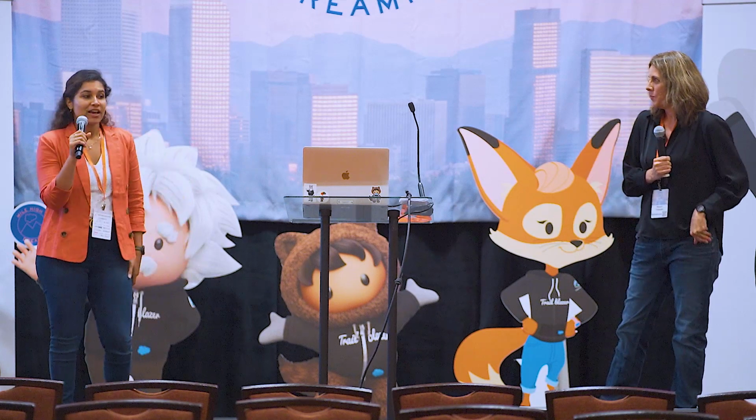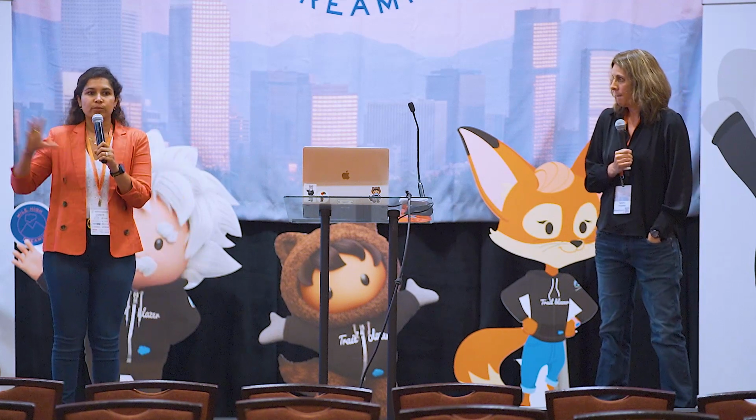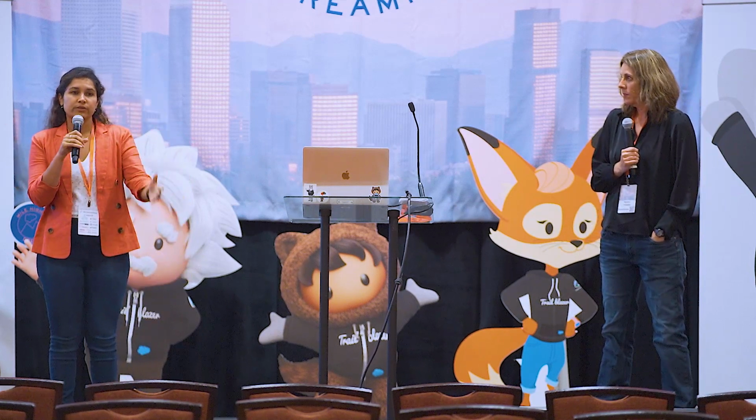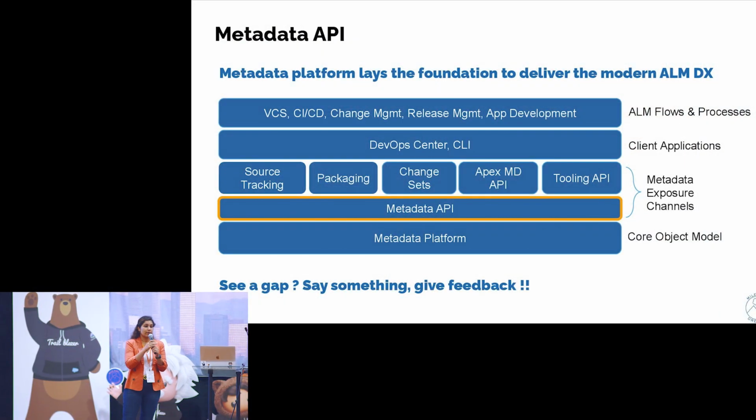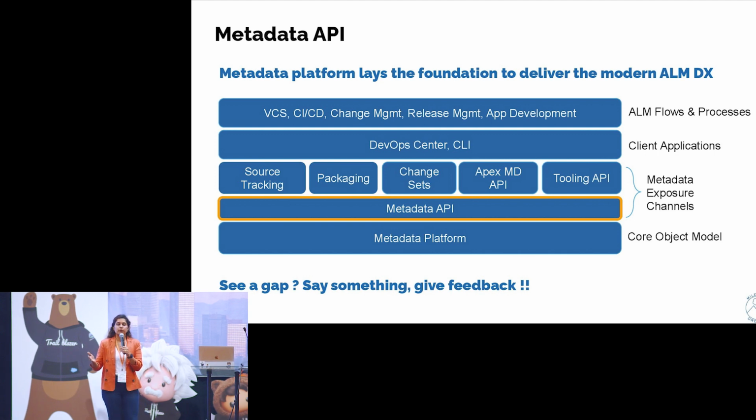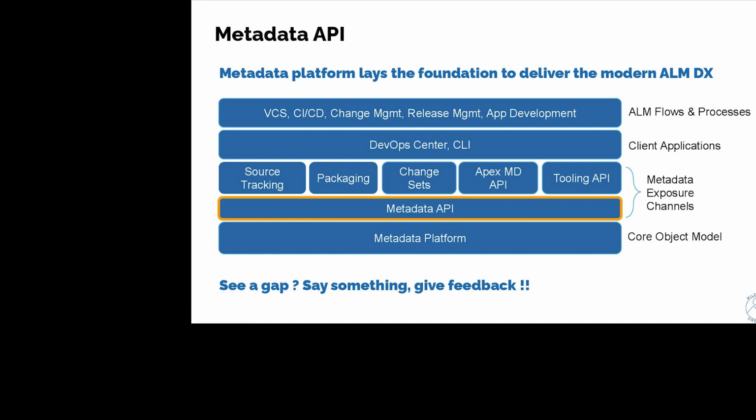Thanks, Karen. So there's a whole suite of products that Karen just introduced. Now, I want to talk a little bit about how the metadata API and the platform play the role of being the foundation to deliver these products to you for a smooth ALM experience. On the top of the vertical, you have all your ALM flows and processes, change management, release management, the apps that you develop using the features that we provide on top of the platform.